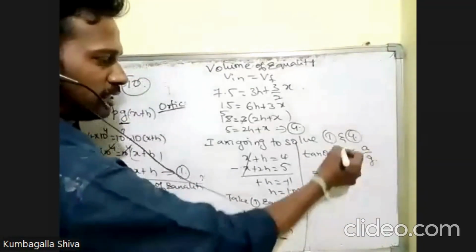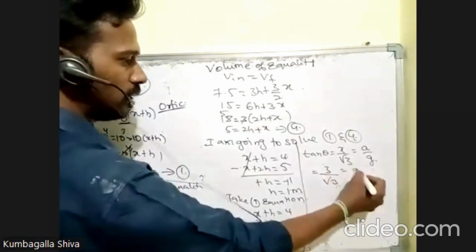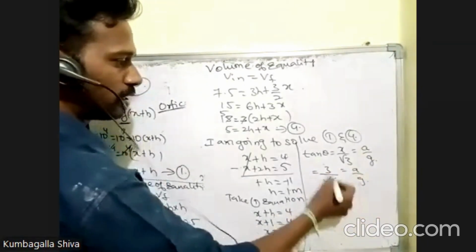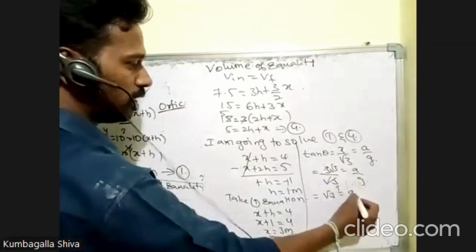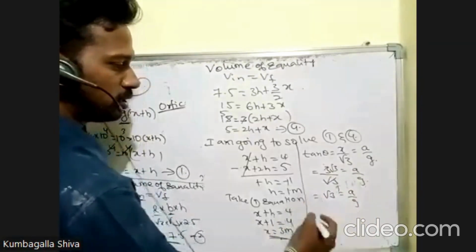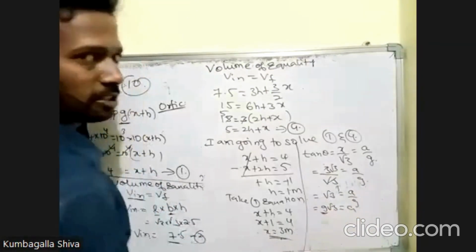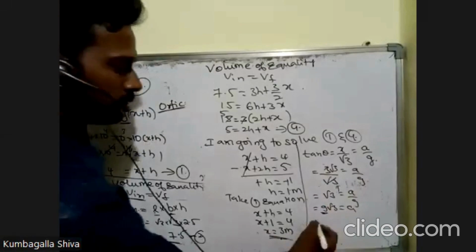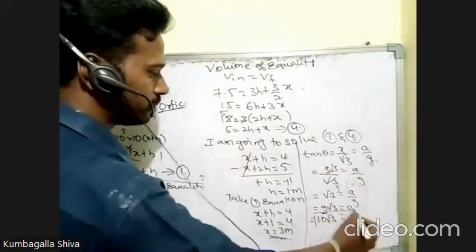So, we got x as 3, substitute that: 3 by root 3 is equal to a by g. Root 3 gets cancelled by root 3. So, you have got root 3 is equal to a by g. g goes this side, g root 3 is equal to a. What is the acceleration due to gravity value? It is 10. So, you have 10 root 3 as the acceleration of the system. Clear?